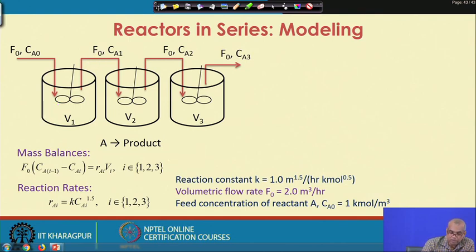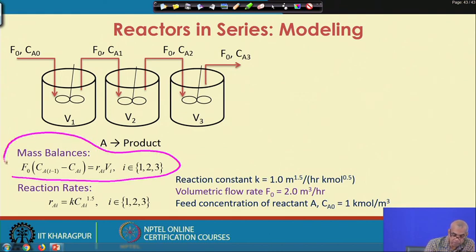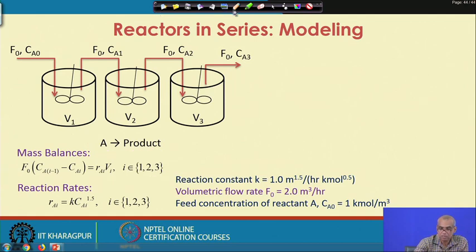So, we can write this as mass balance equation for each CSTR. Say for CSTR 1, you can write F0 Ca0 is the amount that goes in to CSTR 1 with the inlet reactant stream.